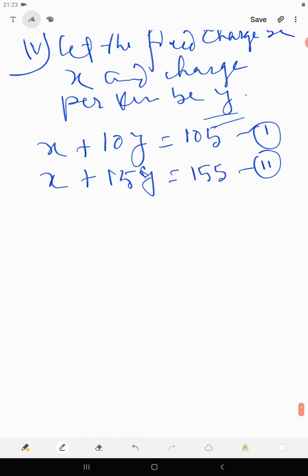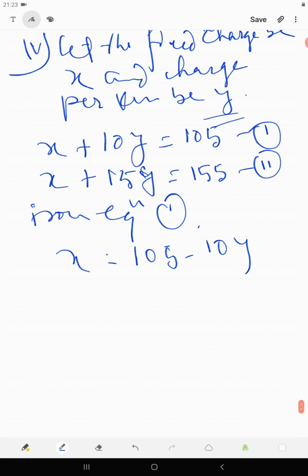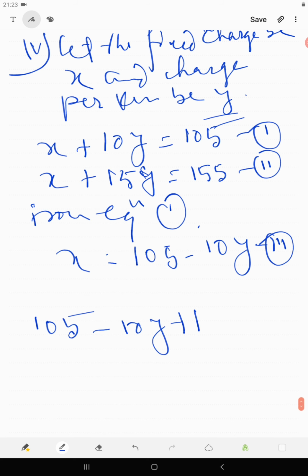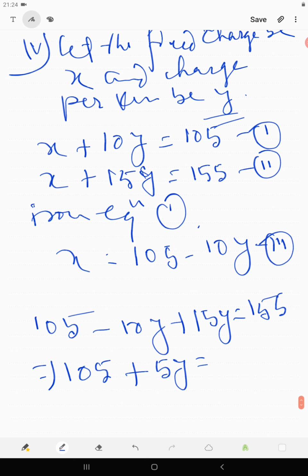From equation 1 again we can write x equals 105 minus 10y. This is equation 3. Now put this in equation 2: 105 minus 10y plus 15y equals 155. So this gives 105 plus 5y equals 155.